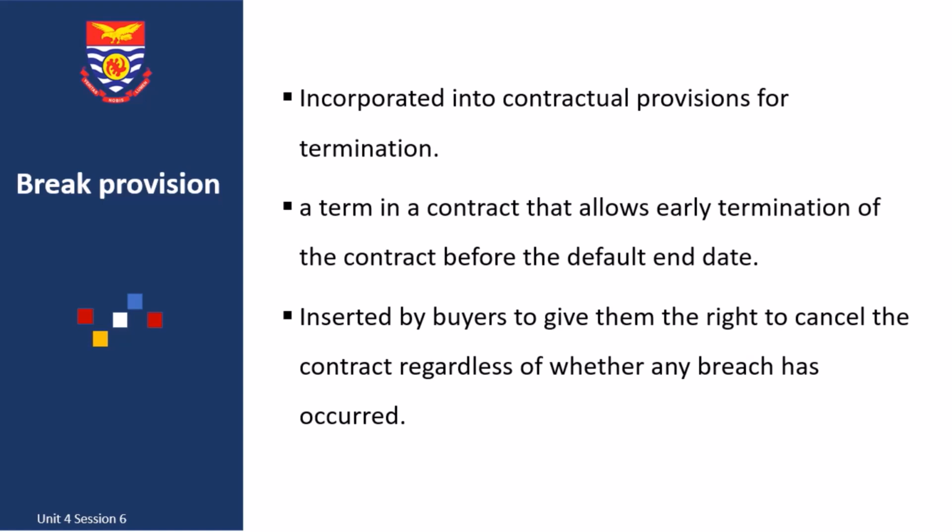Therefore, it should state that the buyer will pay for the goods or services which have been wholly or partly provided to them prior to the termination of the contract, as well as the cost of materials and other resources which were bought in and which cannot be used.